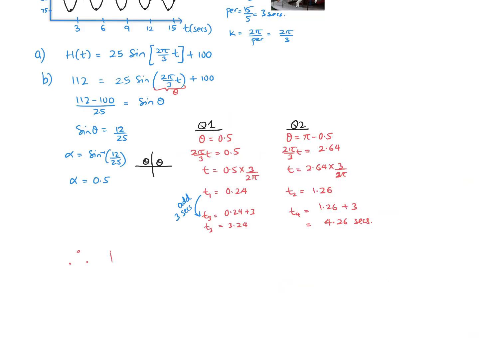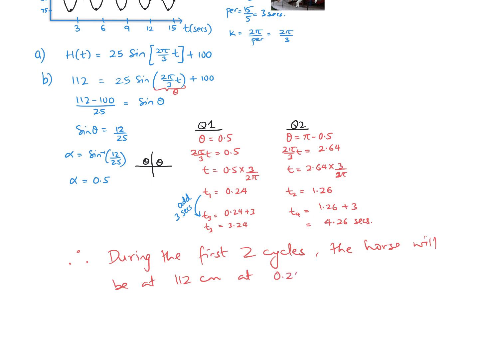Therefore, during the first 2 cycles, the horse will be at 112 centimeters at 0.24 seconds, 1.26 seconds, 3.24 seconds, and 4.26 seconds.